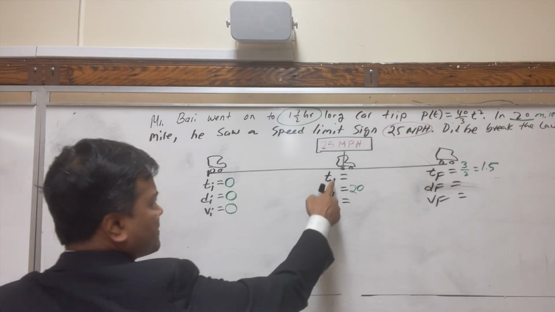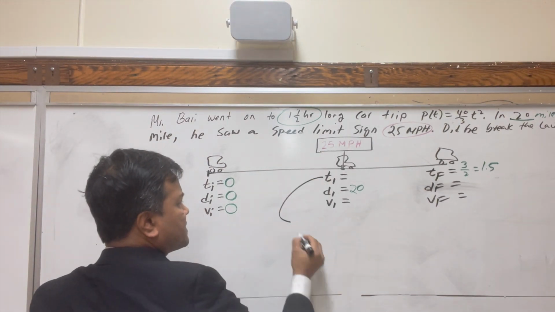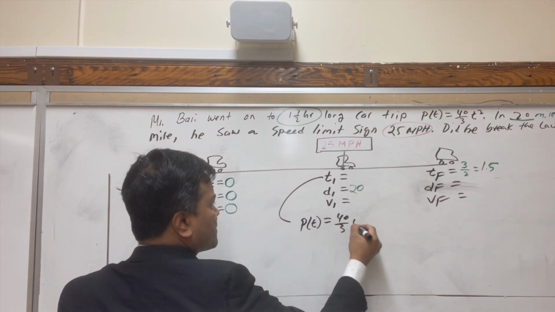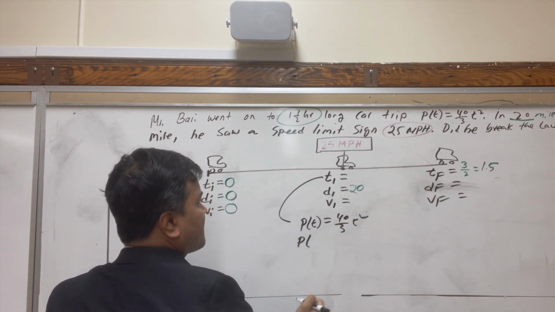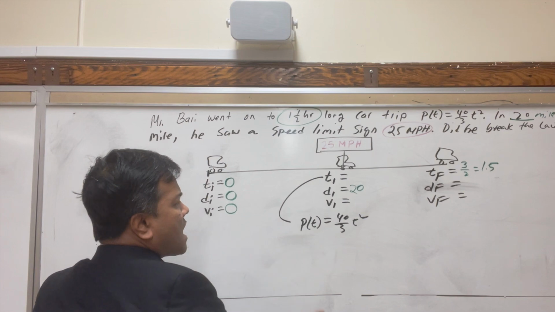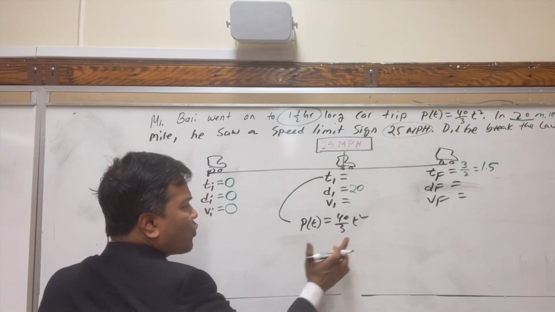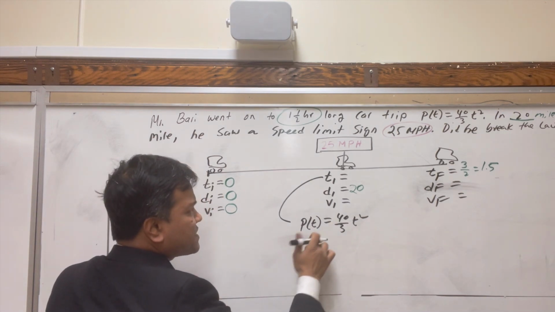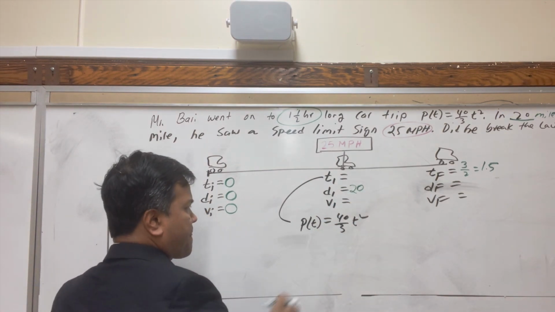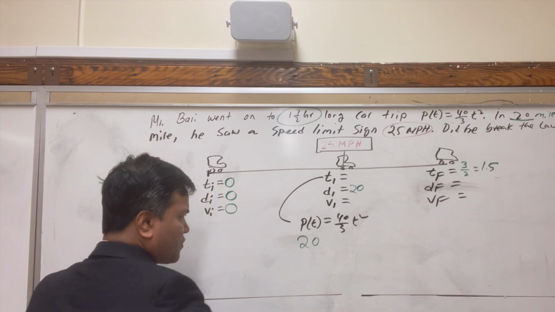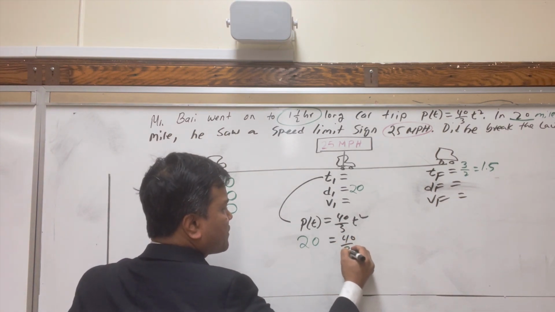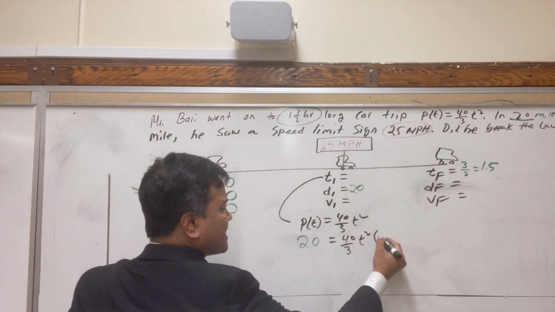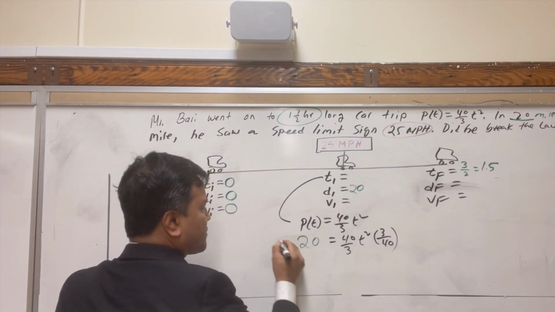Okay, so let's first find T1. P of T is equal to 40/3 t squared. We want to know the time at position 20. So 40/3 t squared: you multiply both sides by 3/40.